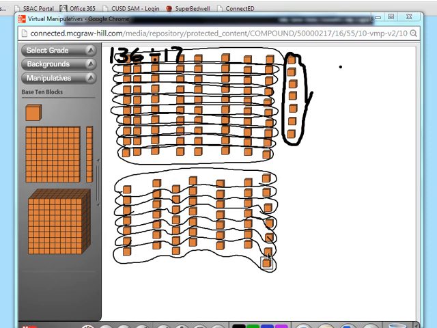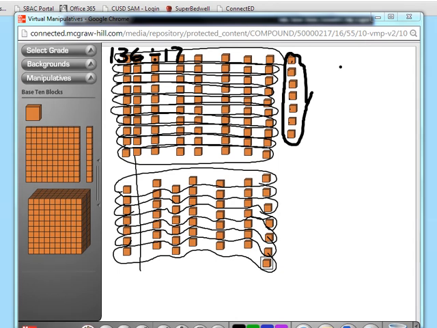Now, does anybody see what I did? I messed up. How many do I have up here? I have 7 of them up there. Alright, so this is our online manipulatives. Look. See how I missed a whole row right here? So these 7 should have been down here.